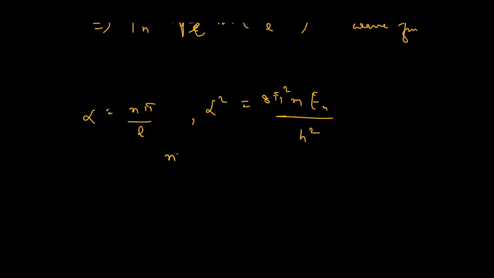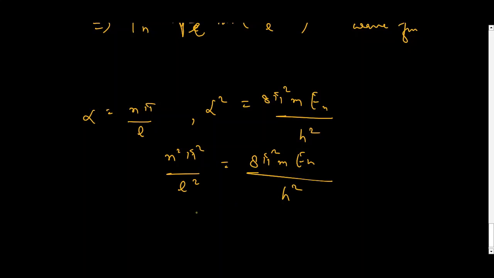Combining these, we get n square pi square upon L square is equal to 8 pi square m En upon h square, right?